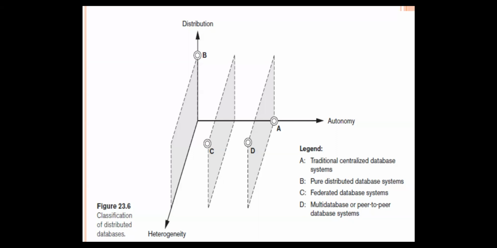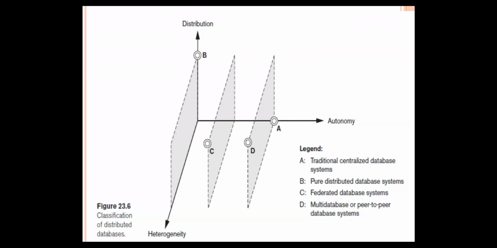If you take x-axis as autonomy, and the traditional centralized database system, the x-axis autonomy is of more than 50 points, and y-axis distribution is only 0 points. So x is 50, y is 0, and z-axis also 0.